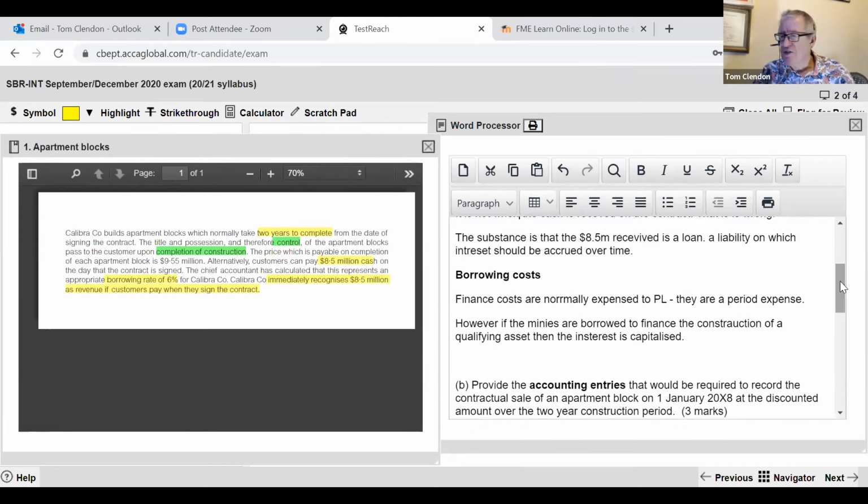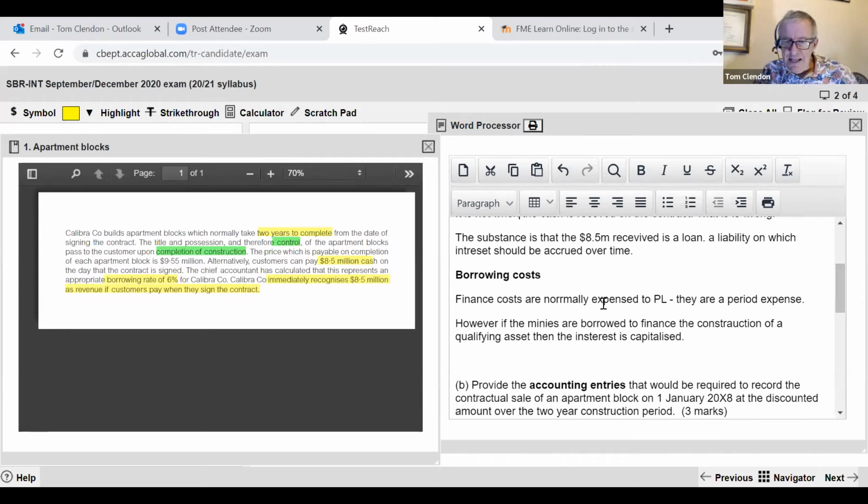Borrowing costs, there's no references to paragraph numbers. He's already told us his ISA 23 in the question. There are no marks for talking about the number of the standard. Finance costs are normally expensed to P&L. They're a period expense, fine.